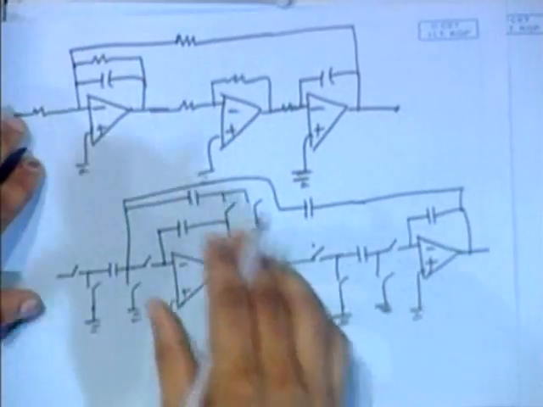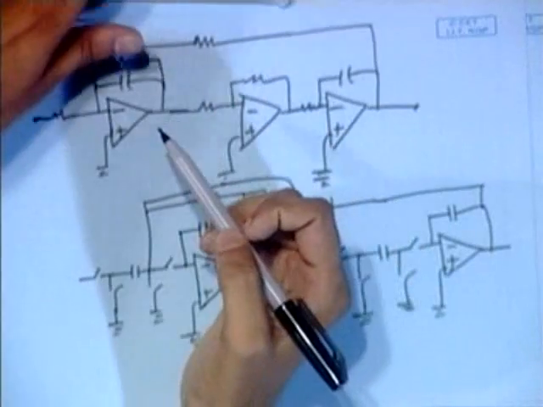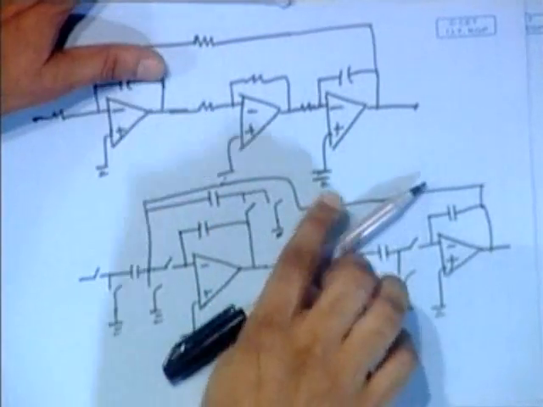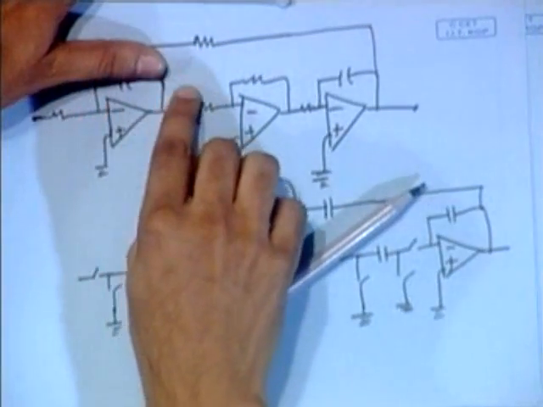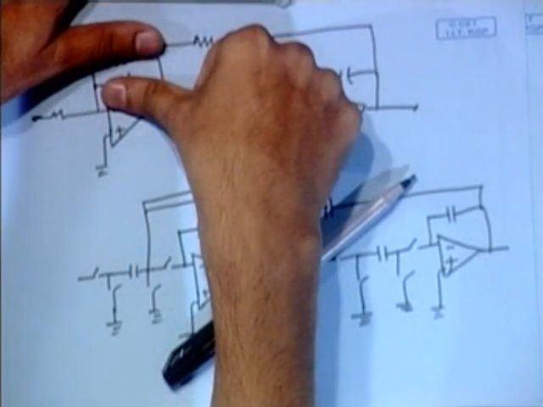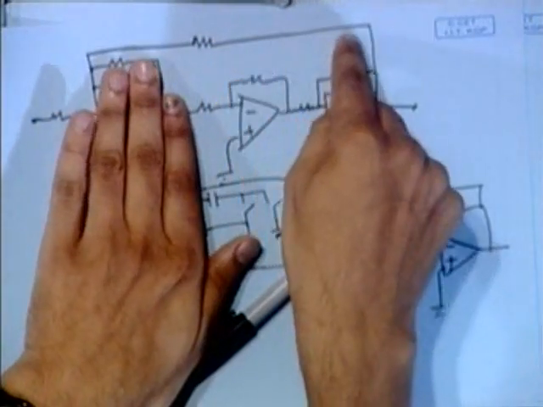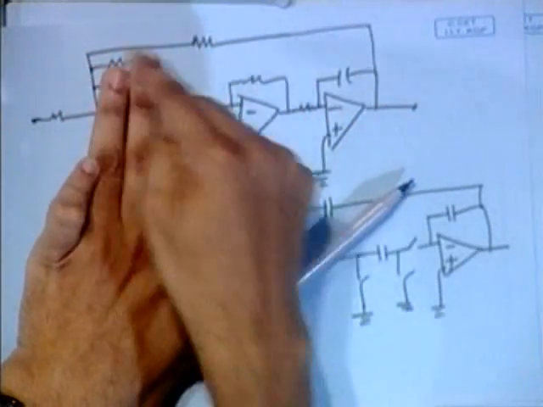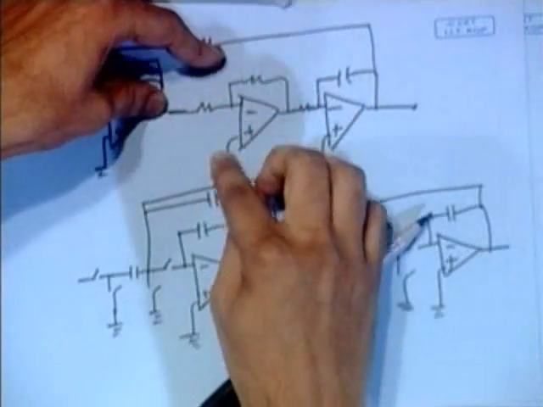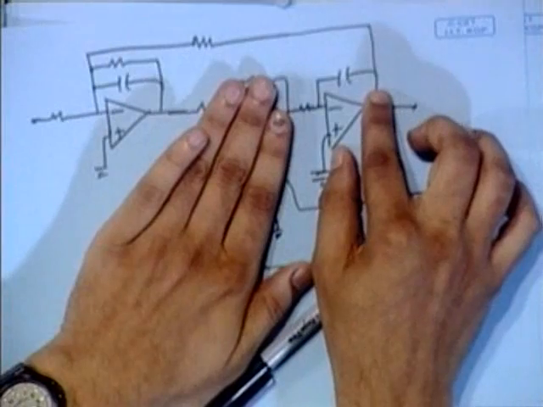Now see the first circuit. In this damped integrator, we have first this connection, this is the integrator, then this is the amplifier equivalent circuit, and the last one is also an amplifier. Now this is one inverter, the next is integrator.